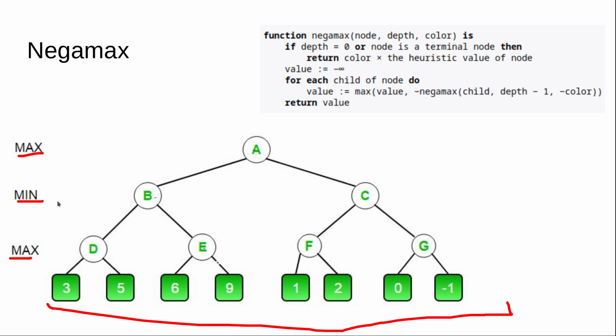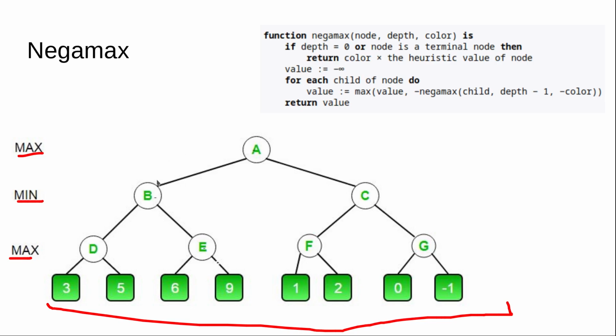So what may be profitable for the maximizing player is actually a loss for the minimizing player. So the value that the player receives is always going to be a negative value. And then the other player is going to minimize or maximize on the negative value.